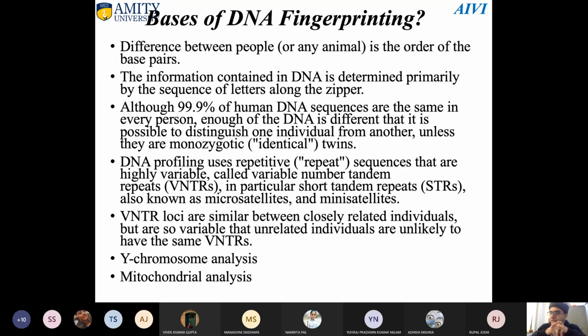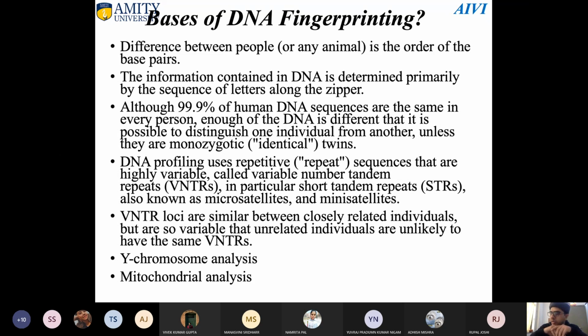Then what about females? Females also have something for maternal heredity, that is the mitochondria. Mitochondria go from the female to male or female offspring. If you want to check maternal heredity, you can get it from the mitochondrial genome.